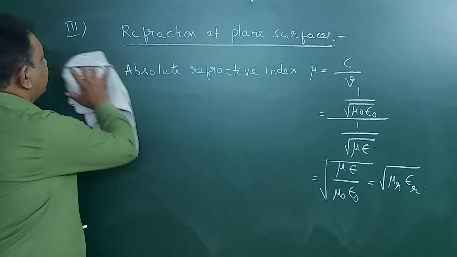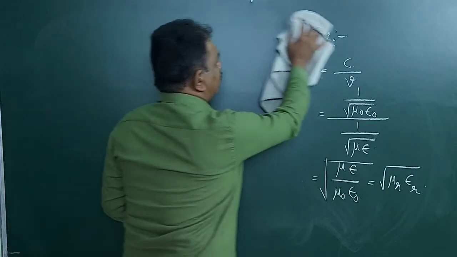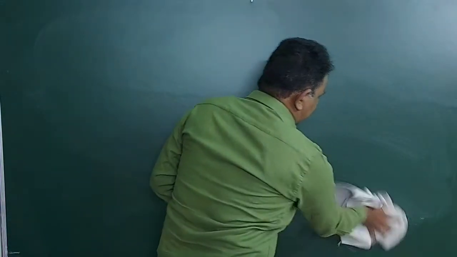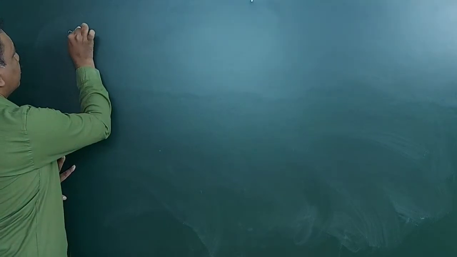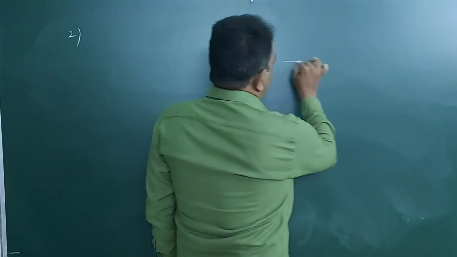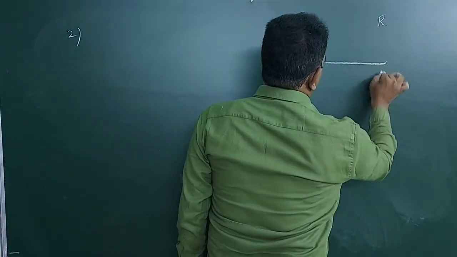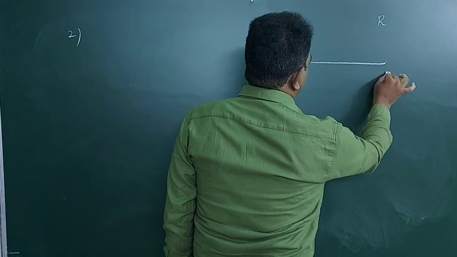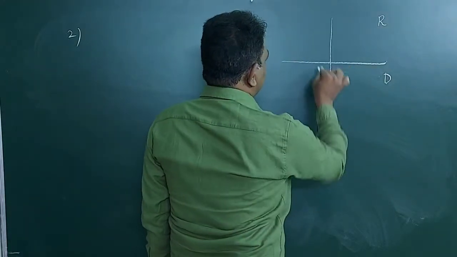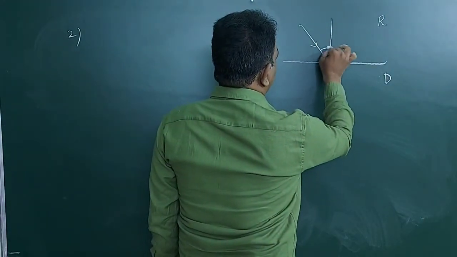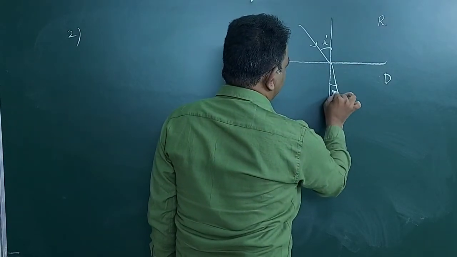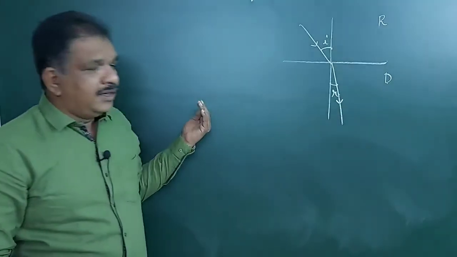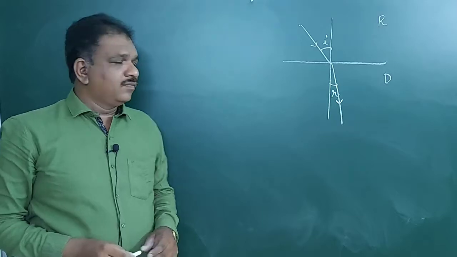Next, when a light ray is going from rarer medium to denser medium, this is rarer medium, this is denser medium, this is the normal. When a light ray is going from rarer medium to denser medium, it will bend towards the normal.